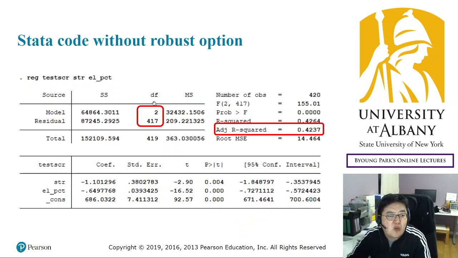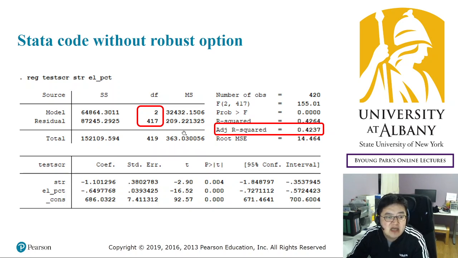And what I want to show you here is the degrees of freedom. The degrees of freedom was 1 when you had only one regressor. Remember, the sample size is 420 and the total variation has 420 minus 1 degrees of freedom because the average was calculated.